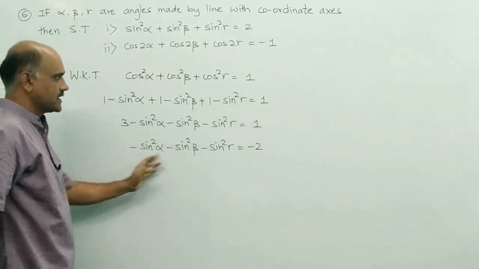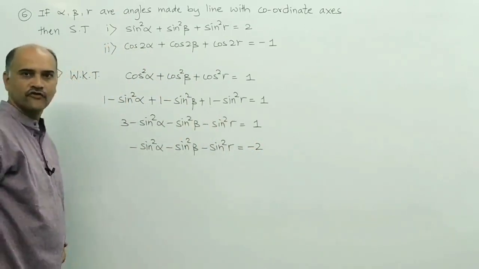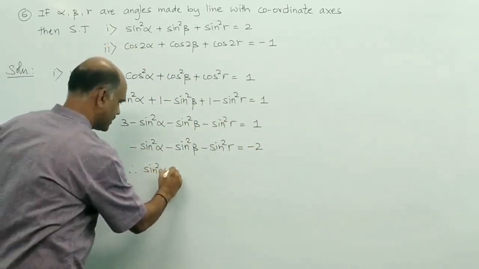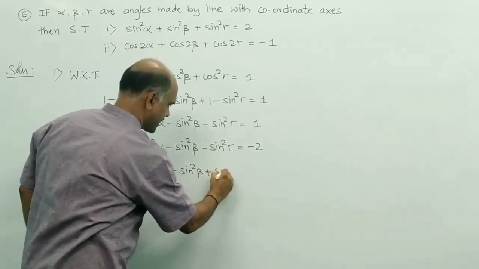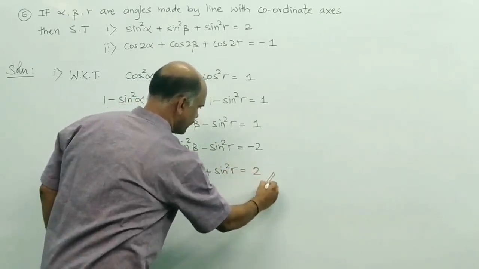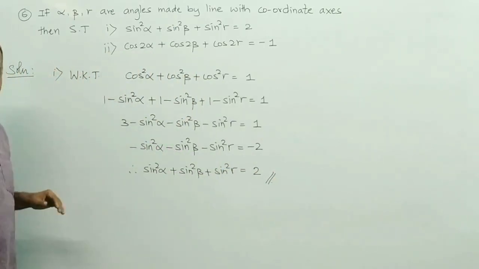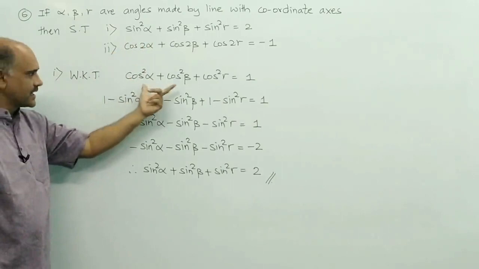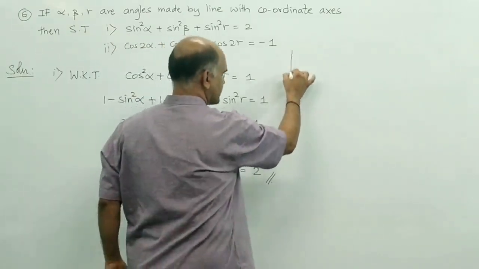Now take minus common, it gets cancelled, or you can say change the sign of all the terms. Therefore you will have sin square alpha plus sin square beta plus sin square gamma is equal to 2. This is our first one. So he will be asking it for 2 marks. Clear, students?